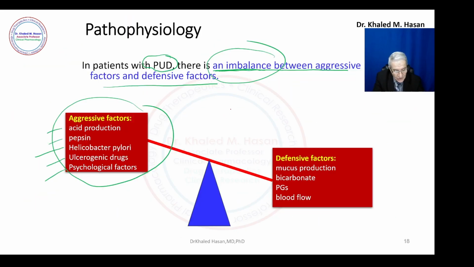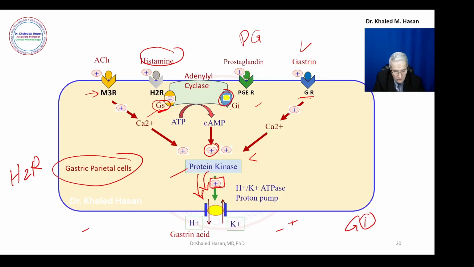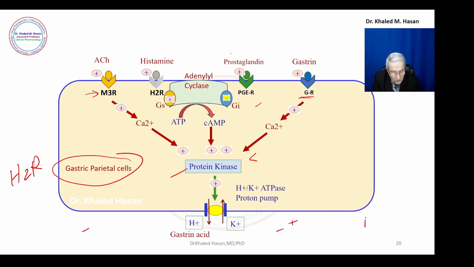When you inhibit adenylate cyclase by prostaglandin, this step will stop here. When you have an inhibitory effect, that means we have decreased levels of cyclic AMP, decreased activation and decreased secretion. For this reason, prostaglandin decreases secretion of acid. So the end result will be decreased secretion of acid.